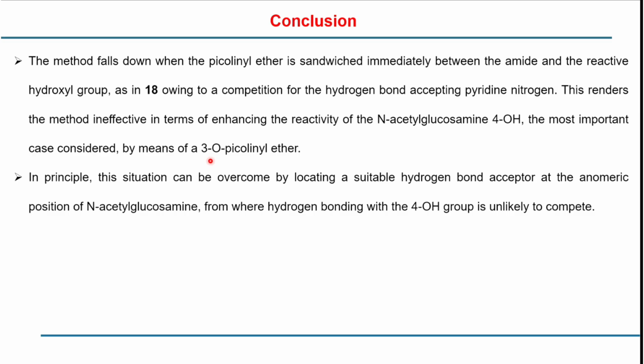To overcome that problem, one can put a hydrogen bond acceptor at the anomeric position. Then C1 will be very far from C4, C1 can have intramolecular hydrogen bonding with the C2, and the C4 hydroxy will be free to act as the acceptor in the glycosylation reaction. They are further pursuing this, installing the hydrogen bond acceptor at C1.